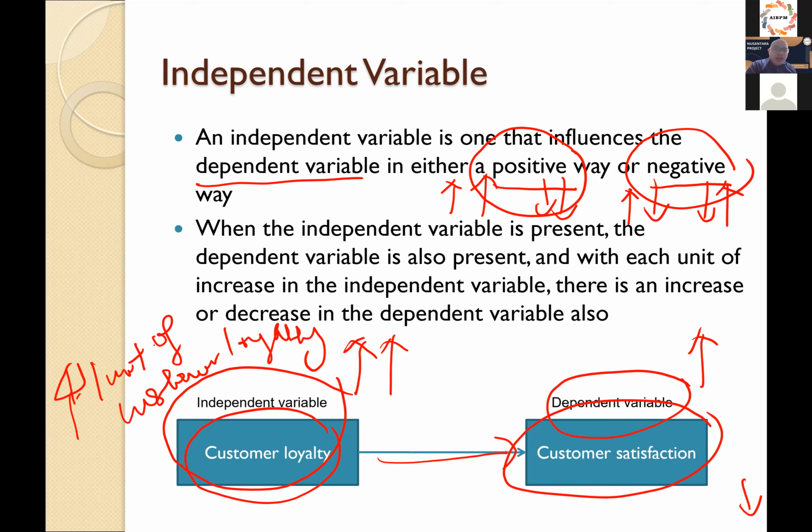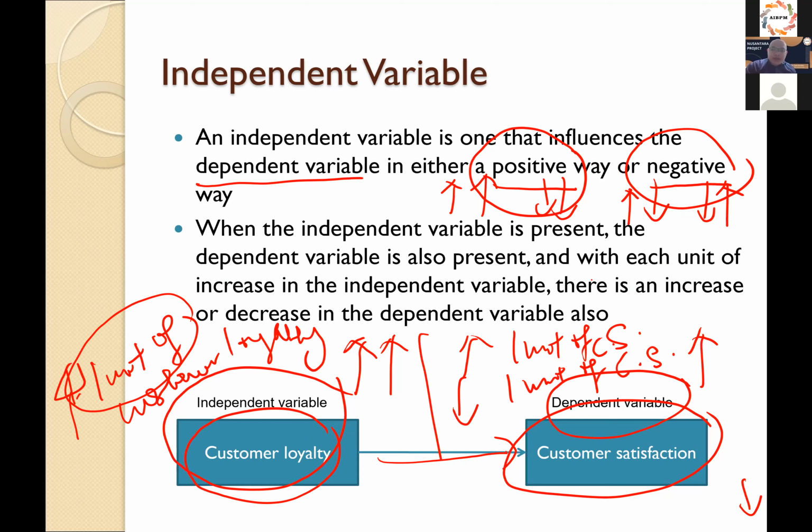When you increase 1 unit, it can increase 1 unit of customer satisfaction or decrease 1 unit of customer satisfaction. So this is to be tested, whether they increase or decrease. But no matter whether they increase or decrease, this is the right independent variable because it is able to affect the dependent variable. When the independent variable is able to affect the dependent variable, then we say that these are the independent variables already.